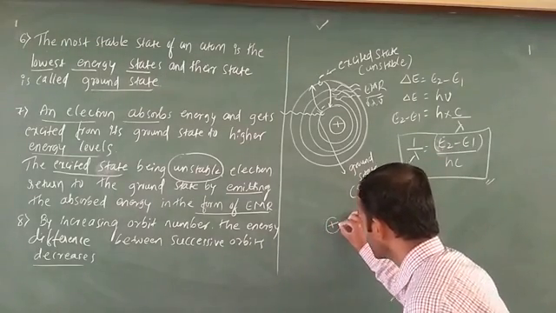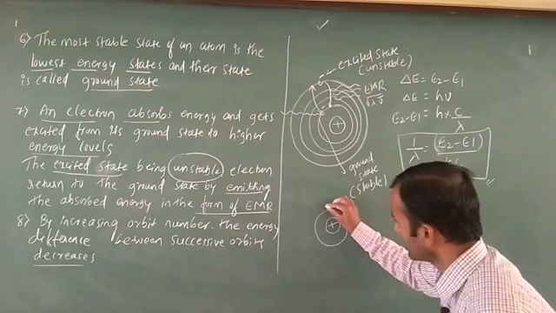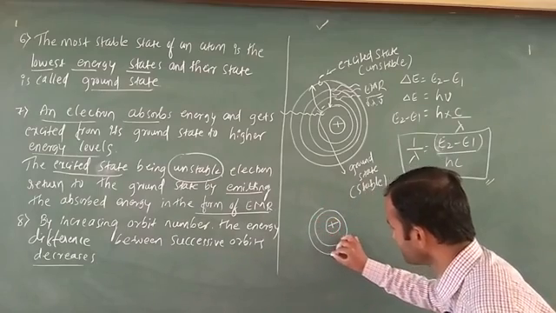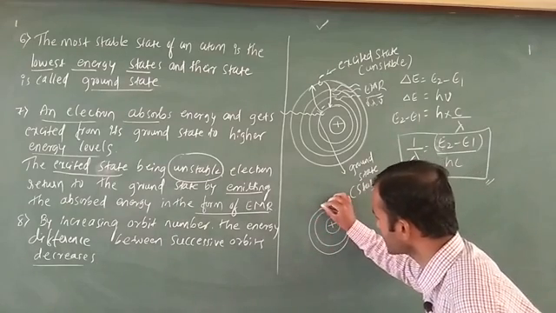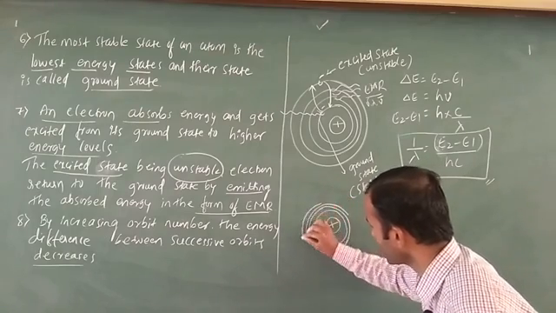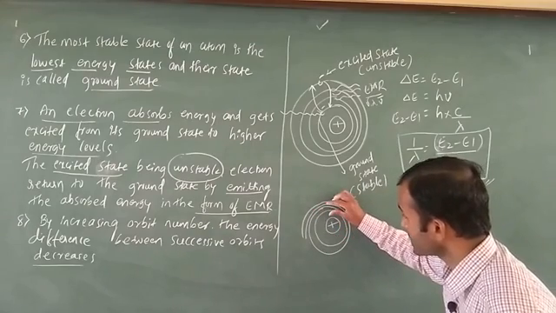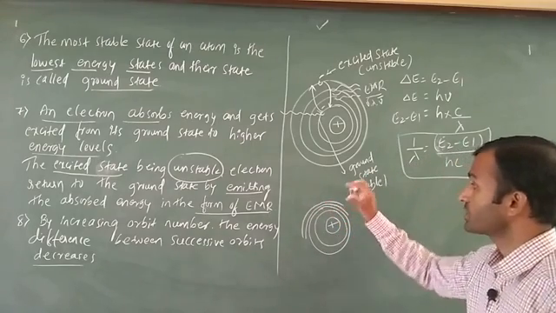Here is the nucleus, here is one orbit, the next one is here, like this, and the next one here. When the orbit number increases, the difference between successive orbits decreases.